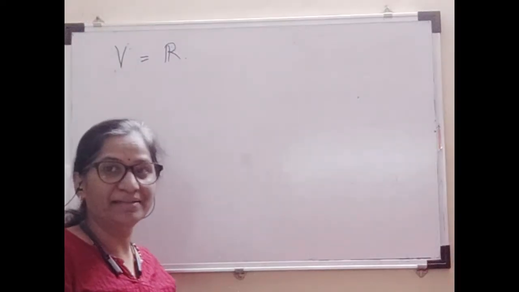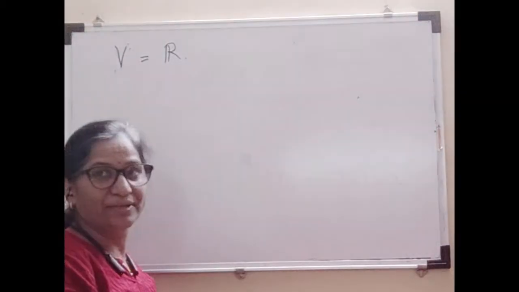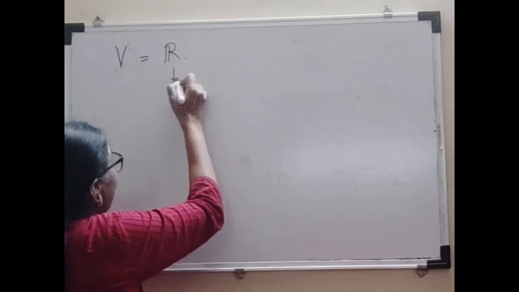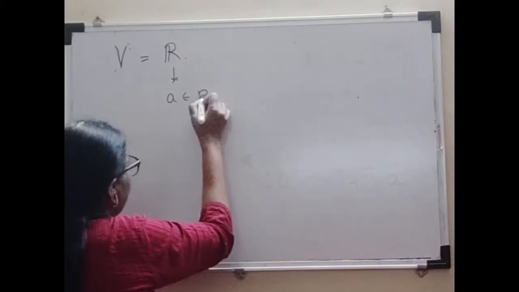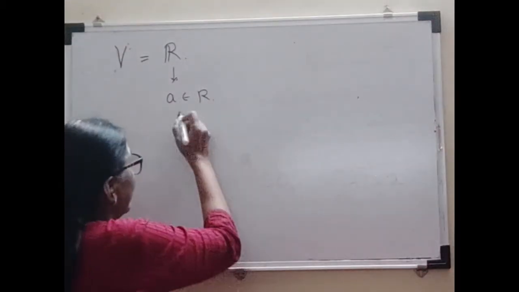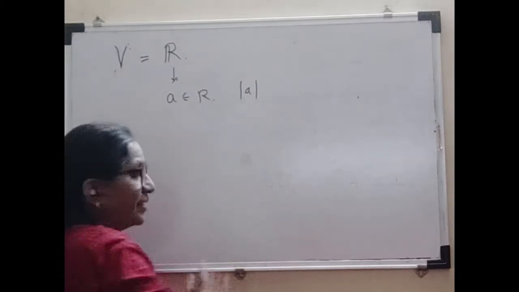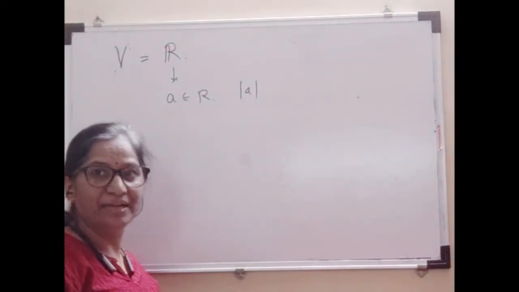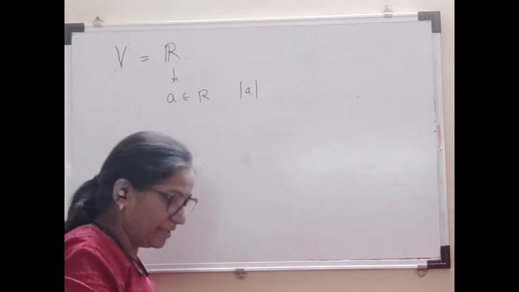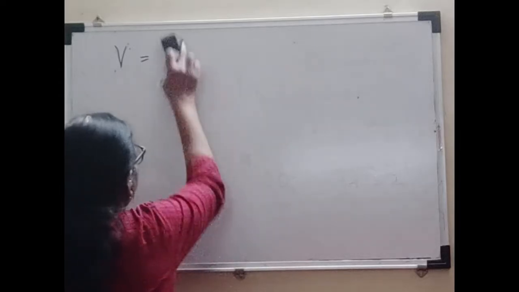Again the same R. Yes, it's possible, because suppose A belongs to R, then we can find its magnitude as modulus of A, and we define it as a scalar quantity.